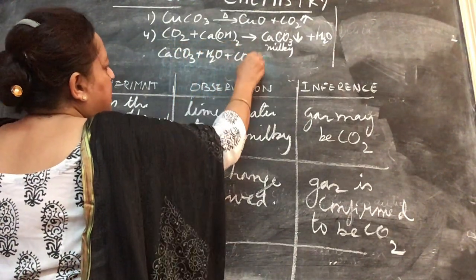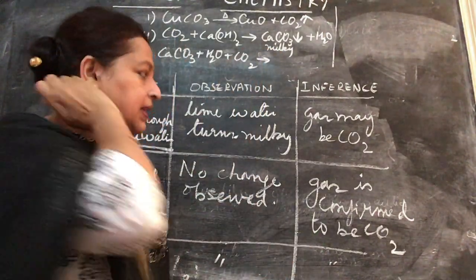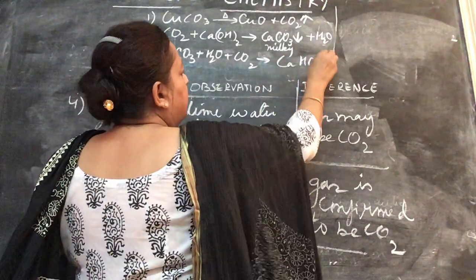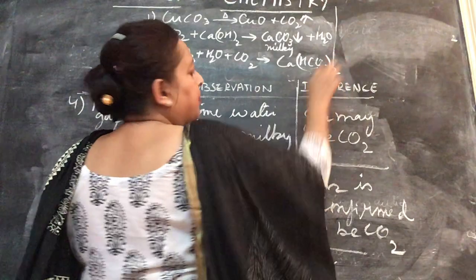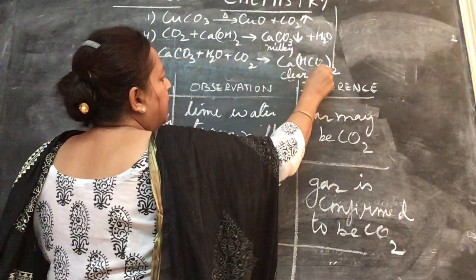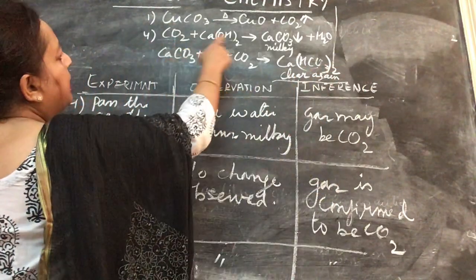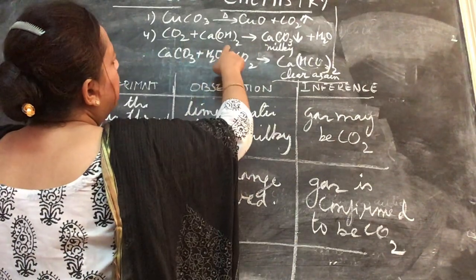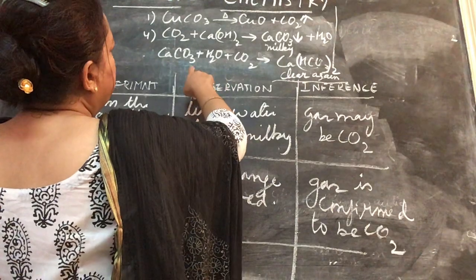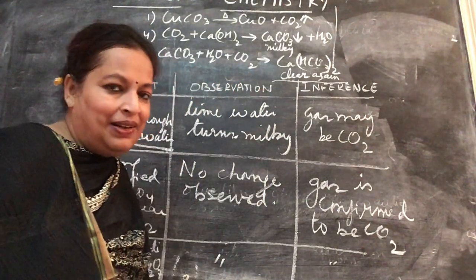It forms, it is clear again. You will write underneath, clear again. Okay. Now let's balance it. Just check, is it balanced or not? Yes, it is balanced. Now here let's check whether it is balanced or not. 2, 3, 4, 5, 6, 3, 6, 2. It is also a balanced chemical reaction.